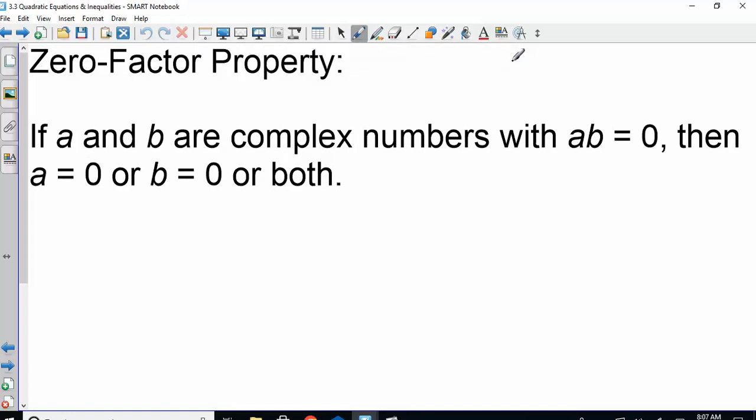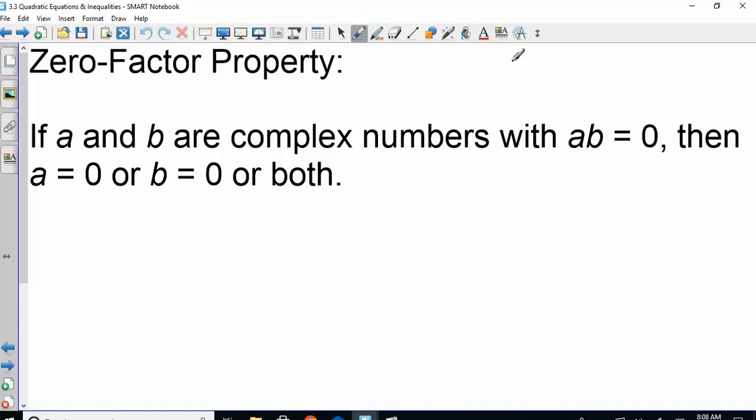In order to solve these, we are going to use the zero product property, which tells us if you have two things multiplied and it equals 0, the only way you get 0 as an answer to a multiplication problem is if one of those numbers is 0, right? If 3 times something equals 0, what did you multiply 3 by? 0. The only way to get 0 for an answer is if one of the things equals 0.